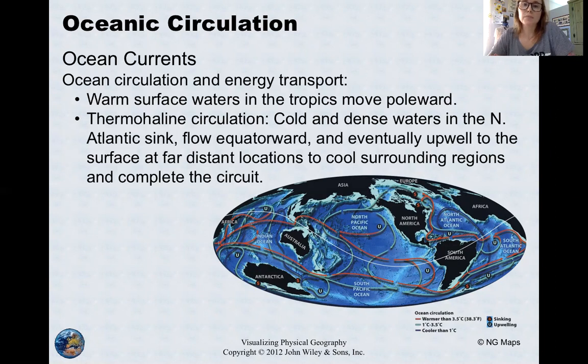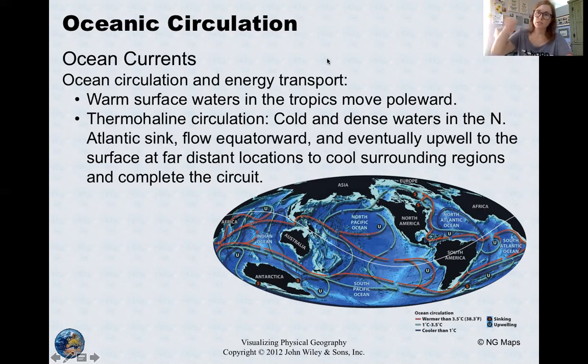And then that current makes its way up to Alaska, if you're in the northern hemisphere, or Antarctica, if you're in the southern hemisphere, cools down, and then makes its way along the west coast: North America, South America, Western Australia, Western Asia, which we call Europe, and Western Africa.